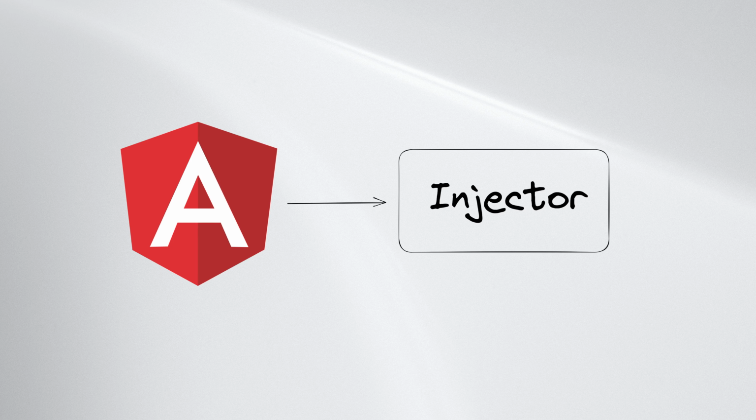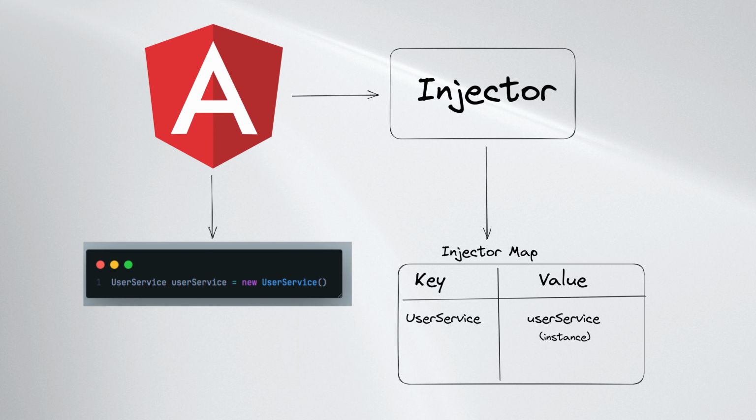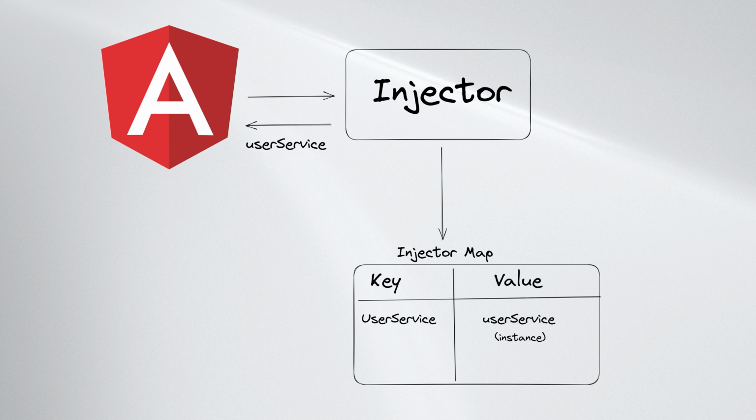If that instance is not available, it tries to create an instance of that service and store that service in the injector. You can imagine the injector having a map of key value pairs where key is the class name and the value is the instance of that class. So next time when Angular asks the injector for a dependency, instead of creating it again, it will give the same instance it created before from the map.